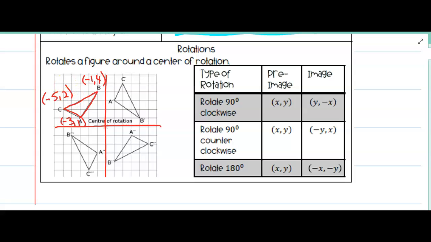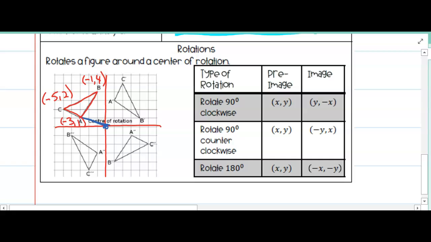Okay. So what happens with a rotation is you are going to rotate a figure around the center of rotation. So think about a spinner on a game board, okay? So there are 3 types of rotations that you can do. The first one is you can rotate 90 degrees clockwise. So what happens here is this point right here is rotated 90 degrees around that point right there.